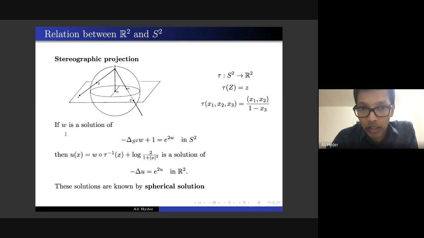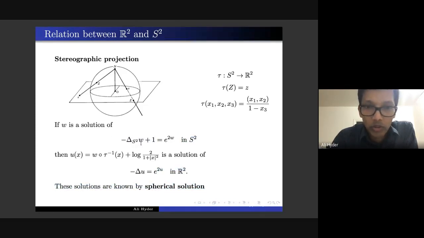As I was mentioning about the Gaussian curvature equation, on the sphere S2, the unit sphere, the Gaussian curvature is identically 1, and for the round metric on S2, this is the standard equation.